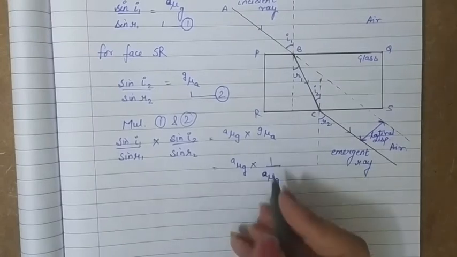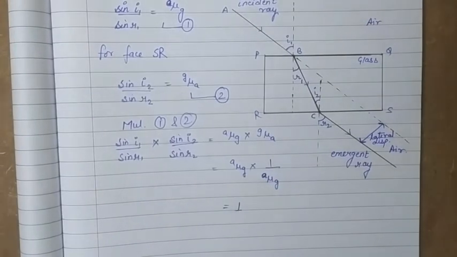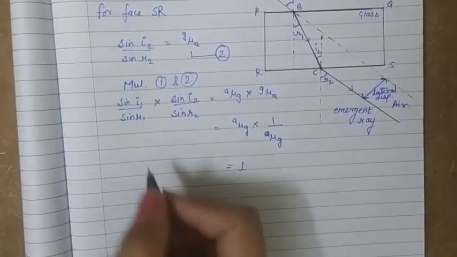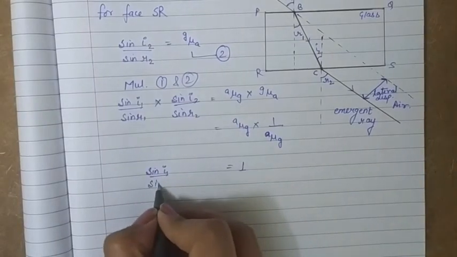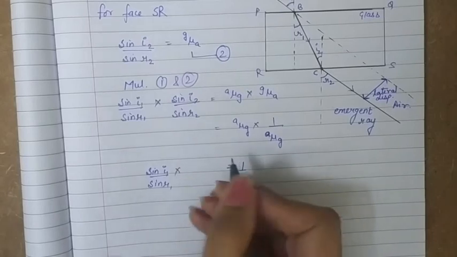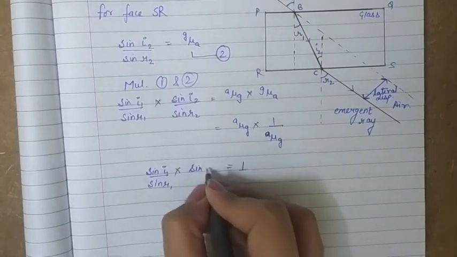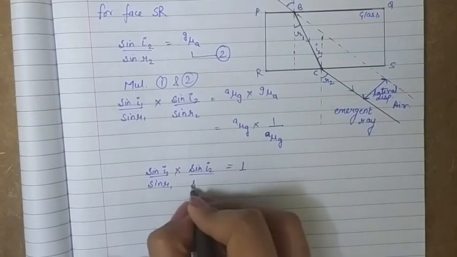So this will cancel out and the right side we get is 1. So the right side will be 1 and the left side is sine I1 upon sine R1 into sine I2 upon sine R2.